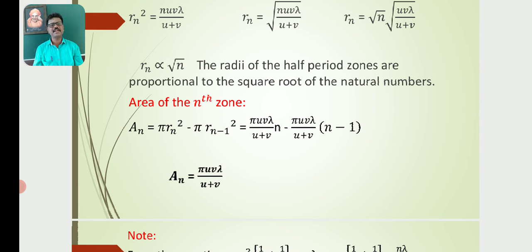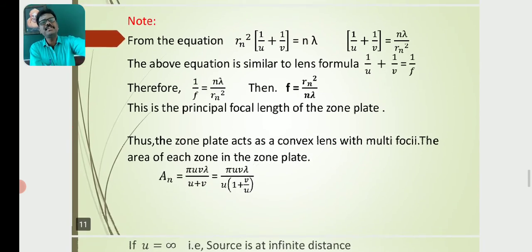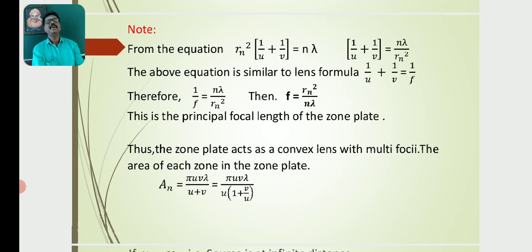After simplification, we get the area of the nth half-period zone An equal to pi U V lambda by U plus V. From the above equation, the areas of all the half-period zones from 1 to nth must be the same. That means they are equal.